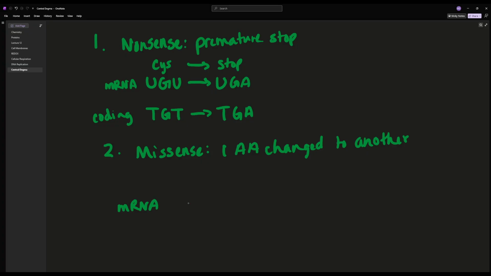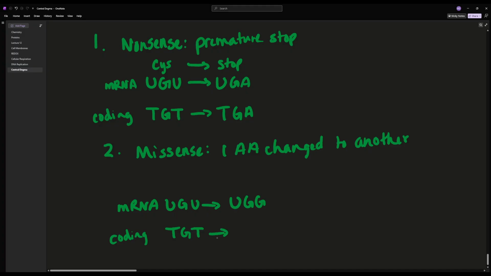So in the mRNA, we can use UGU, and we can change UGU to say UGG. Once again, in the coding strand, this would be TGT gets converted to TGG.